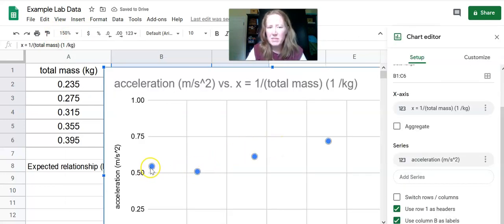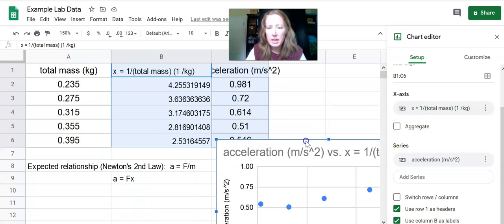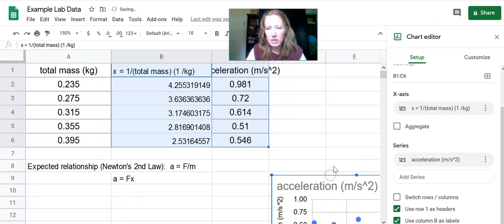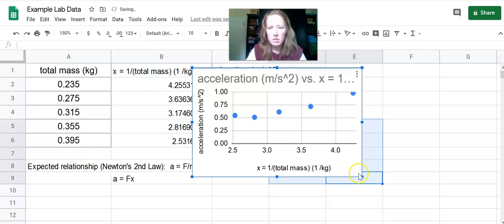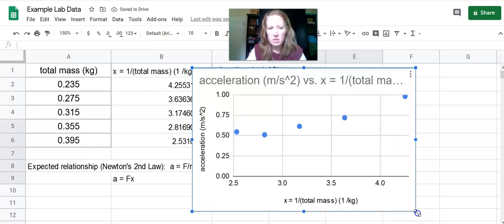And I do have that weird outlier there. So I'm probably not going to get a great R-squared value. And let me move this where you can see it better. Okay.